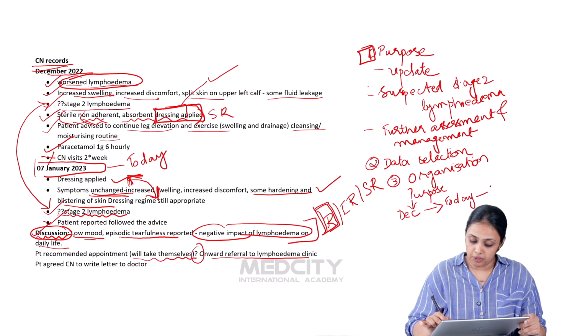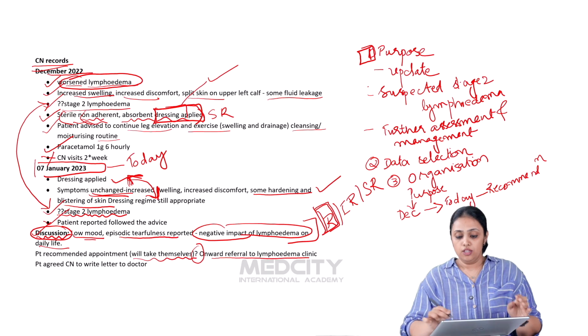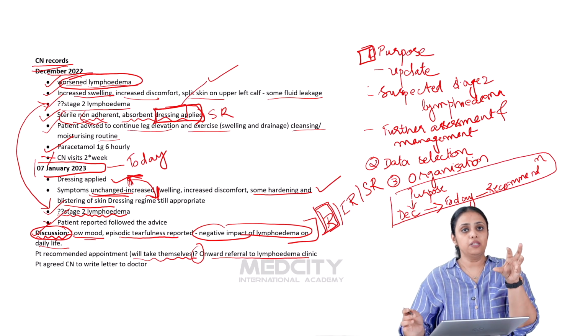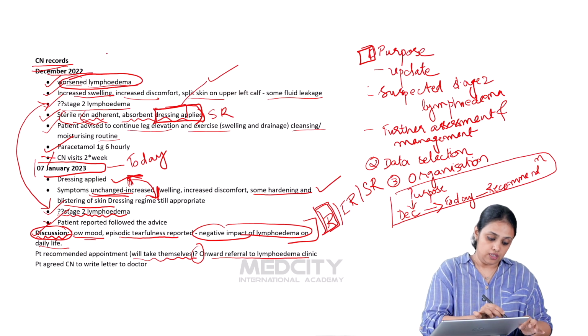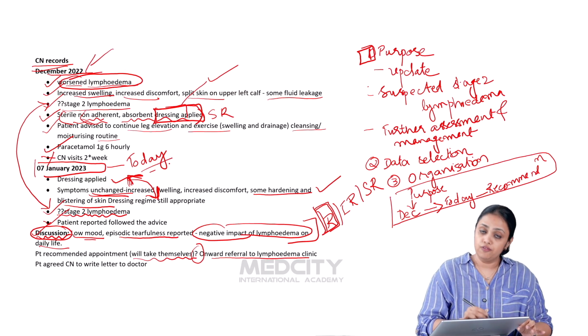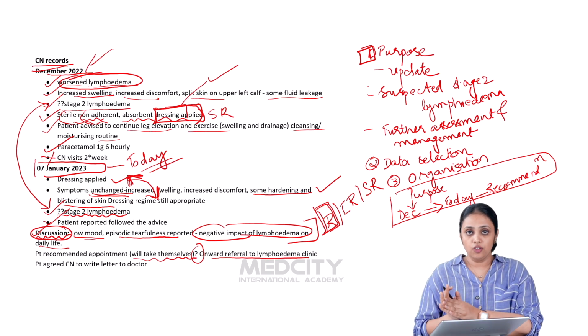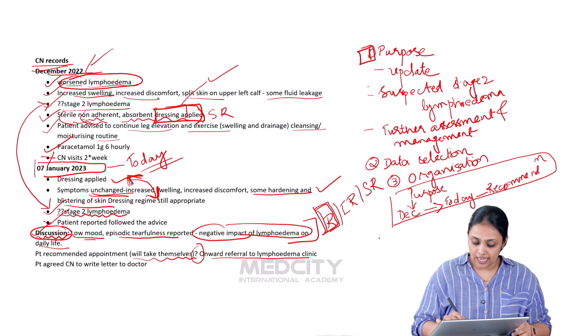And then, finally, we'll be closing up with the recommendation. So here there is no confusion regarding the organization: purpose, then the details of this December 22, then details of today, and finally the recommendation paragraph. Now we have decided on this also, and then we will get into our writing.